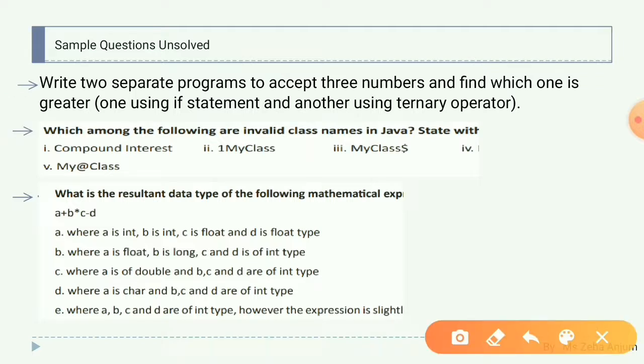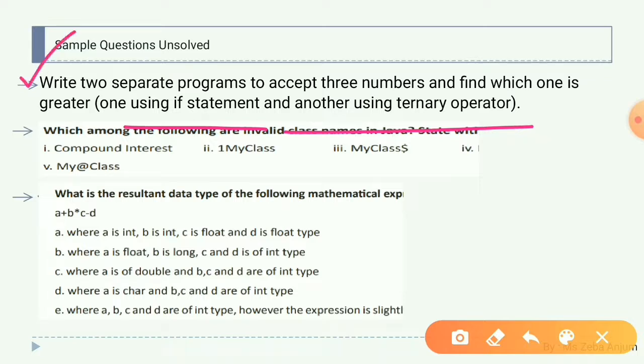See the first question: write two separate programs to accept three numbers and find out which one is greater. Use one using if statement and another using ternary operator. In the previous sample question we discussed using the Math.max function, but here you don't have to use the Math.max function.